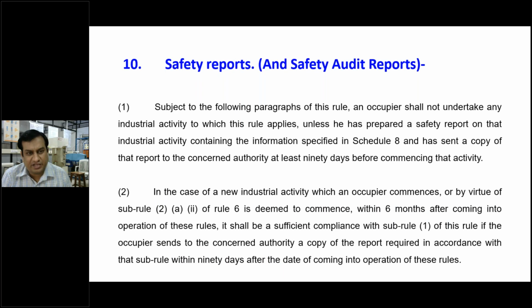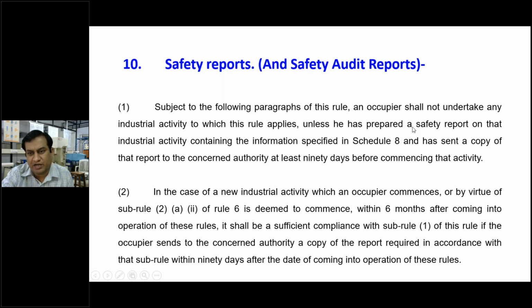Then Rule number 10 is again an important rule as far as the exams are concerned, as far as the interviews are concerned. This is focusing on the safety reports and safety audit reports. Subject to the following paragraphs of this rule, an occupier shall not undertake any industrial activity to which this rule applies unless he has prepared a safety report.